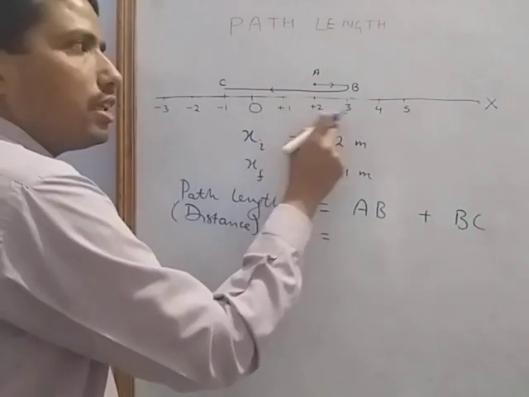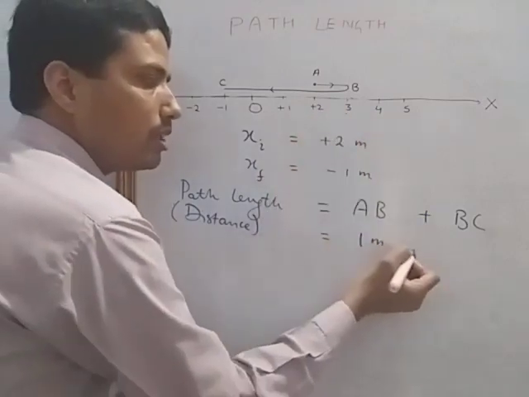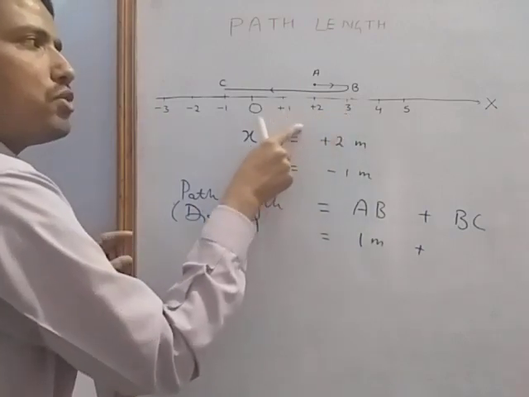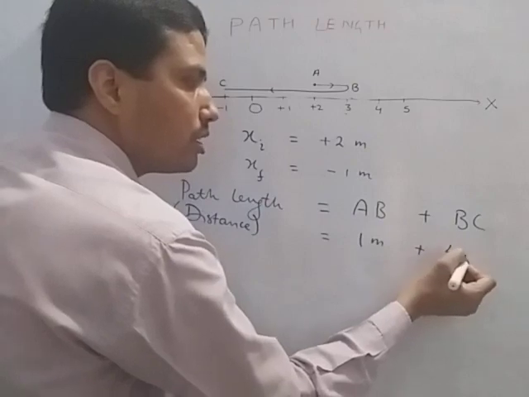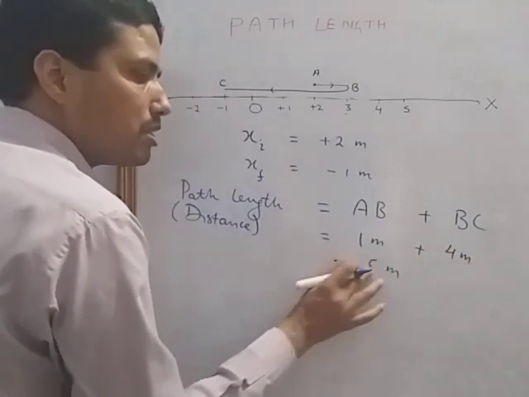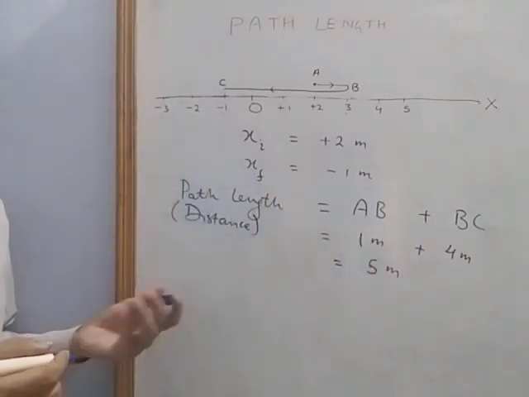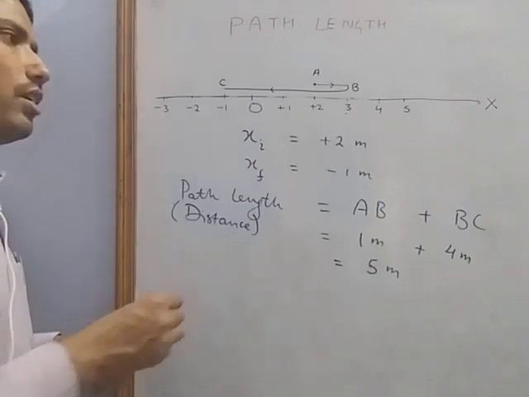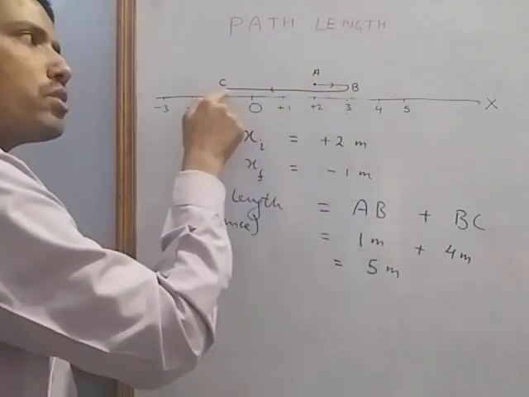A to B, how much distance does it travel? Just 1 meter. So we'll write 1 meter. Then from B to C, what is the distance? You see from here, 1, 2, 3 and then 4. It has 4 units. So 1 and 4 together, that becomes 5 meters. Yes, that's it. So this is the meaning of path length. While finding path length, you have to move along the actual path.